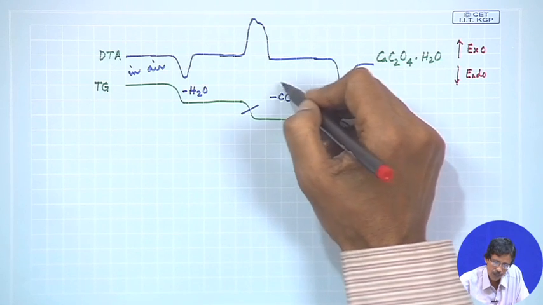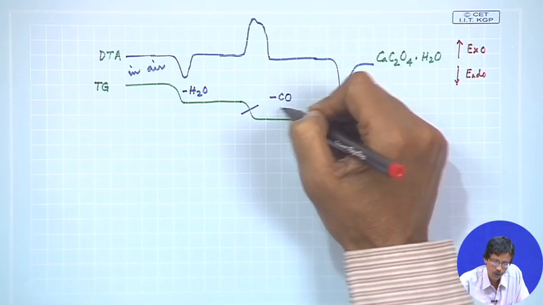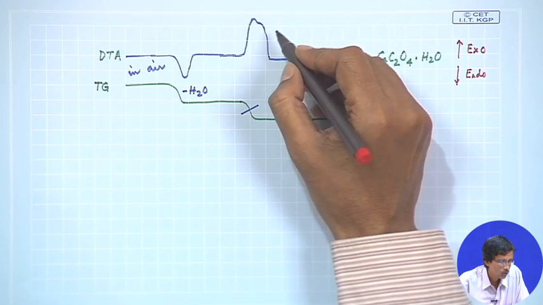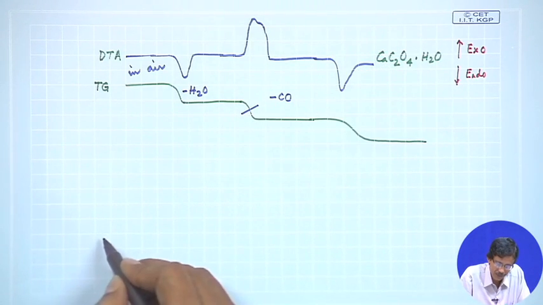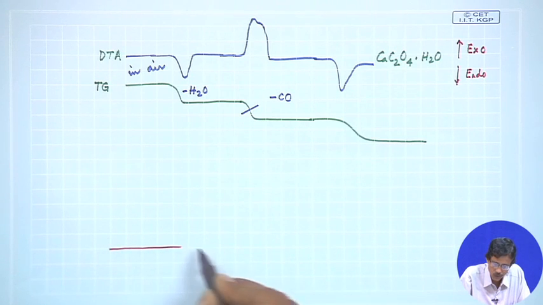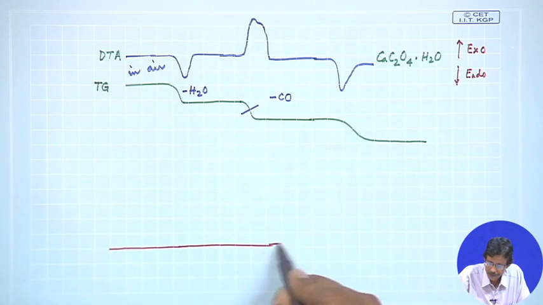For what? Because we all know from your TG plot that the CO is eliminating. This is at a particular temperature, because this is your temperature axis.